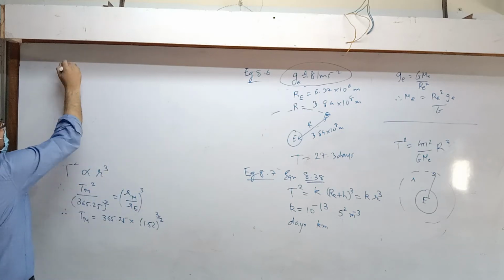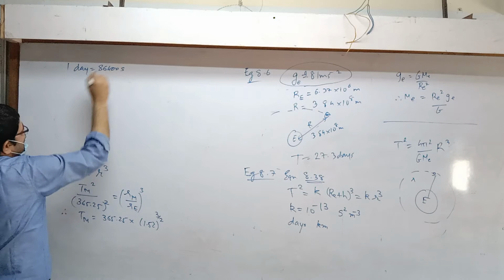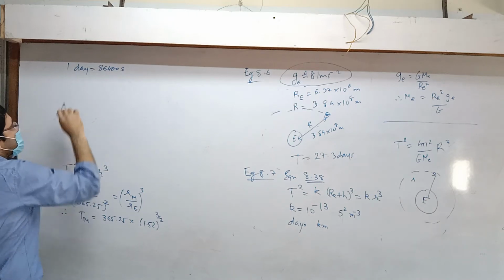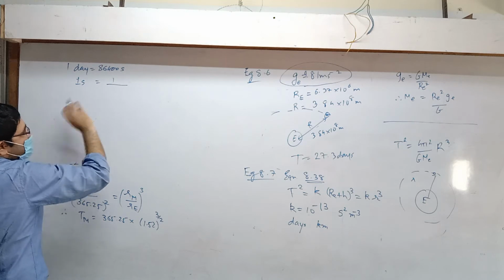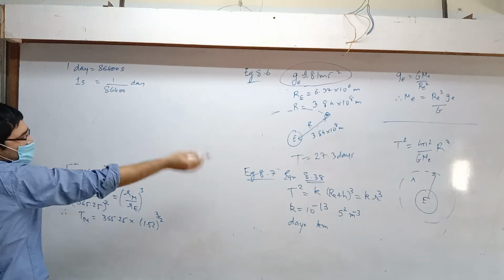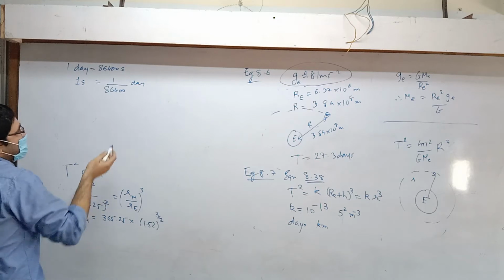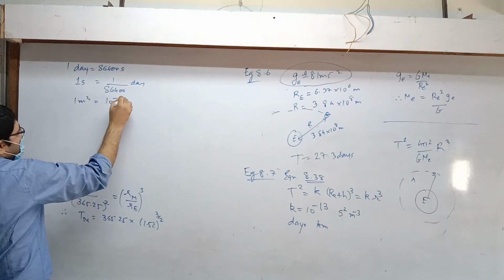So let's use that 1 day is 86400 seconds. So 1 second will be 1 by 86400 day. Just use that over there. Now on meter cube, 1 meter cube is 10 raised to minus 9 kilometer cube.